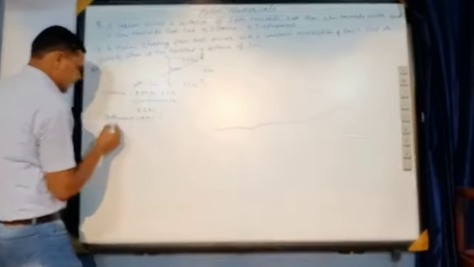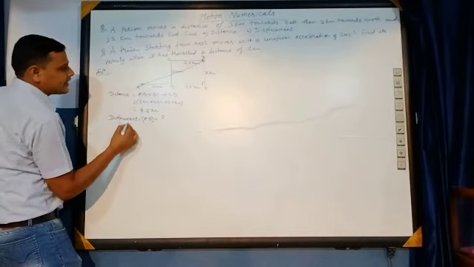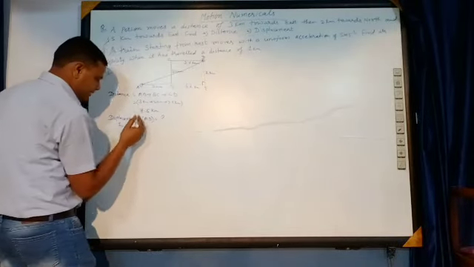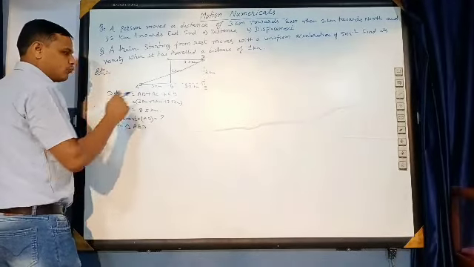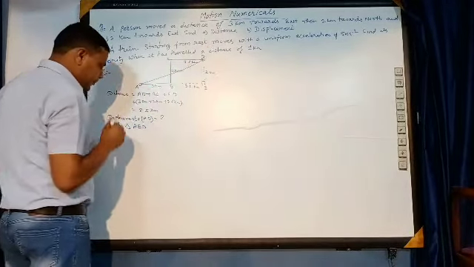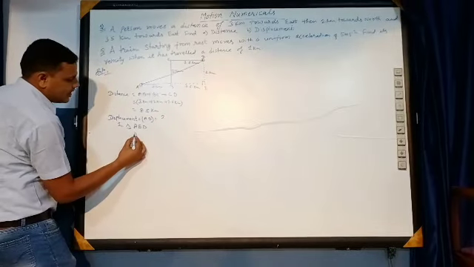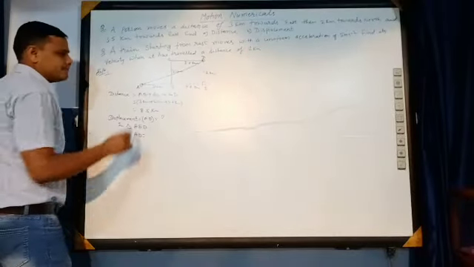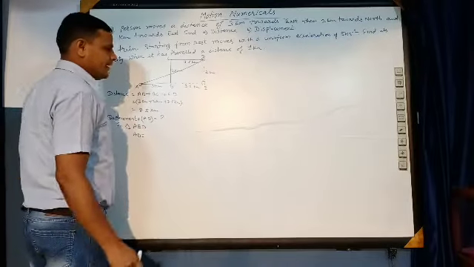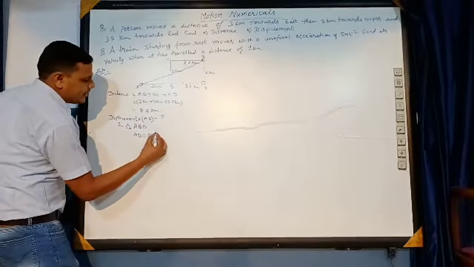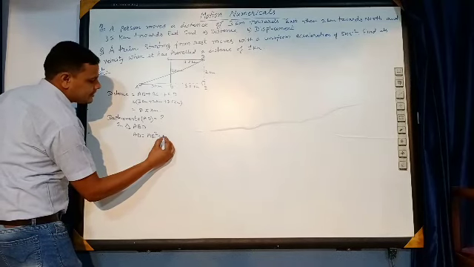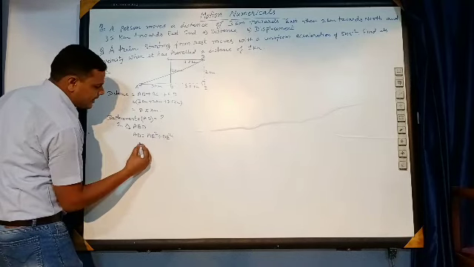Now in triangle AED, if you have to find AD, that is the hypotenuse, how to calculate the value of AD? In order to calculate the value of AD, we will take AE square plus DE square.